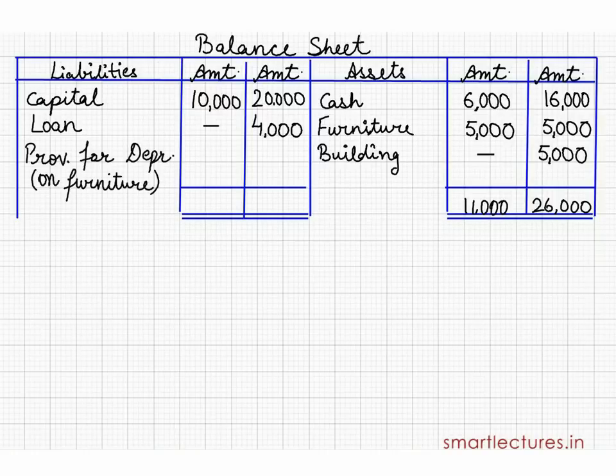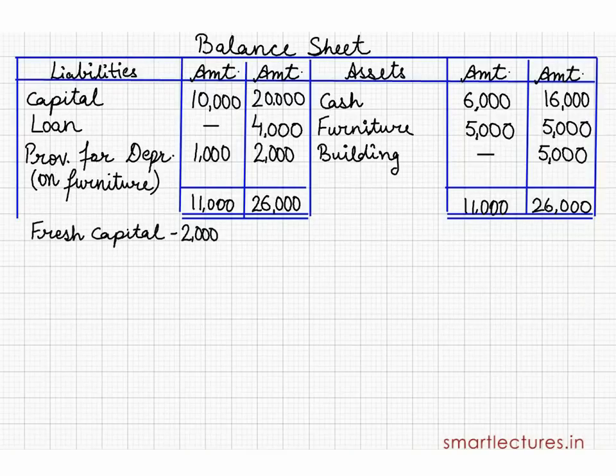And provision for depreciation on furniture 1,000, 2,000. Total 11,000 and 26,000. The additional information is fresh capital during the year 2,000, and you are asked to prepare the cash flow statement.